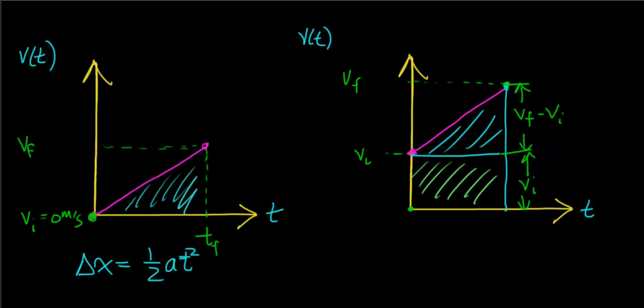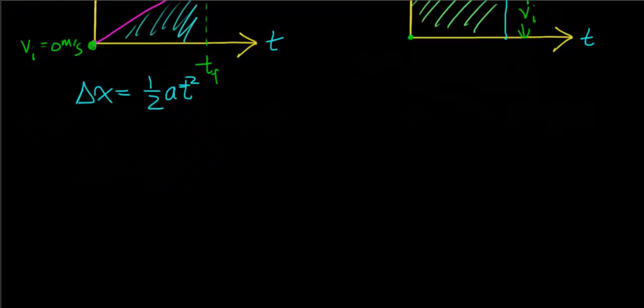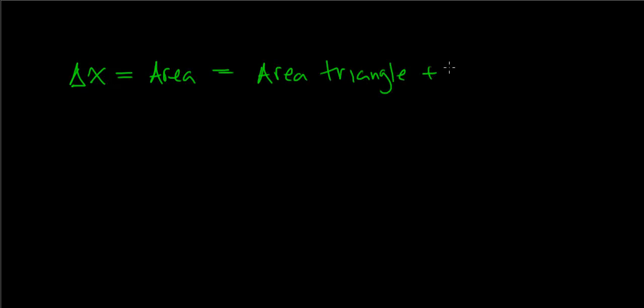Now to find out the distance this object travels, all we need to do is find the area underneath this curve, which in this case, the area, which I'll represent as our displacement, our distance, is going to be the area underneath the curve, which in this case is going to be the area of a triangle plus the area of a rectangle.